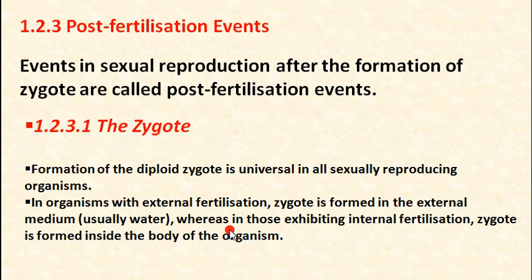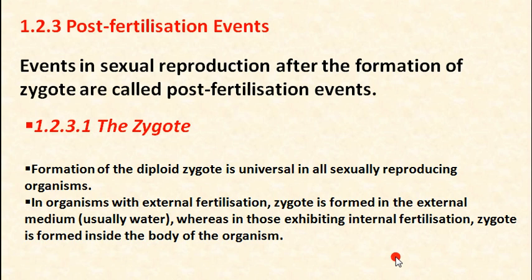Okay, so this is the case of external fertilization where the medium is water. So the zygote will be formed in water. Whereas in those exhibiting internal fertilization, the zygote is formed inside the body of the organism. Okay, so this is the difference between external and internal fertilization.